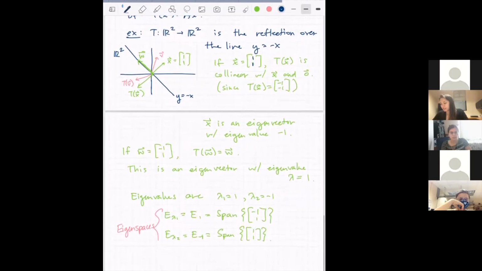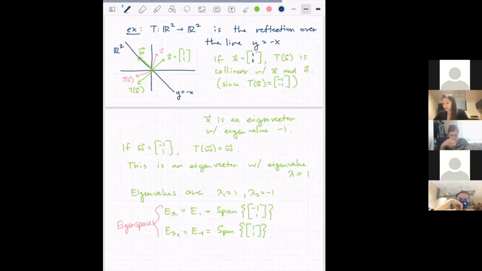So the eigenvectors tell you the special directions in which the linear transformation only stretches each vector. Okay. Sorry. I'm having a hard time holding all of it in my head.